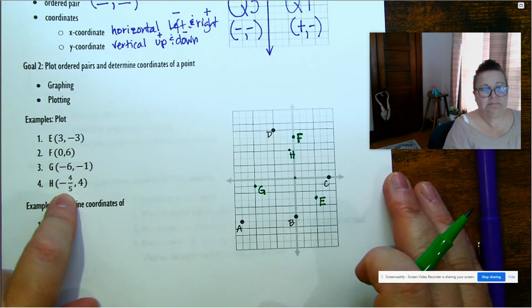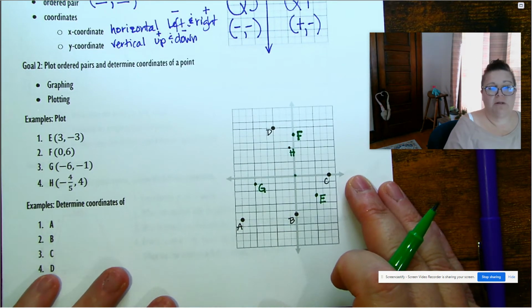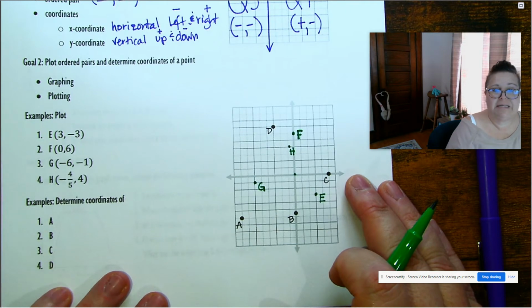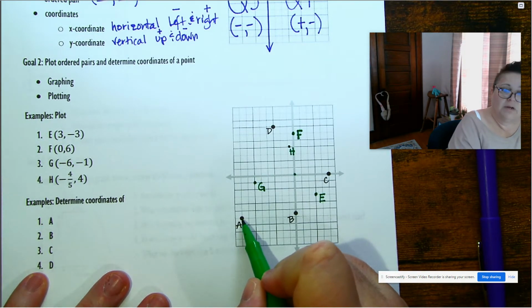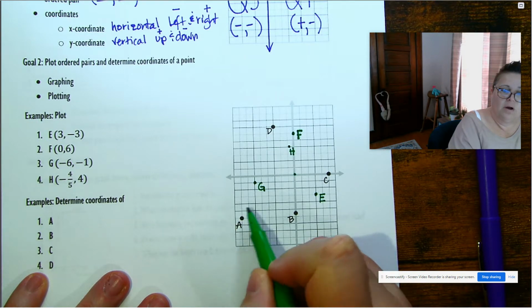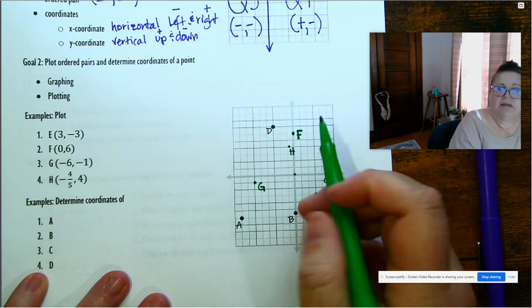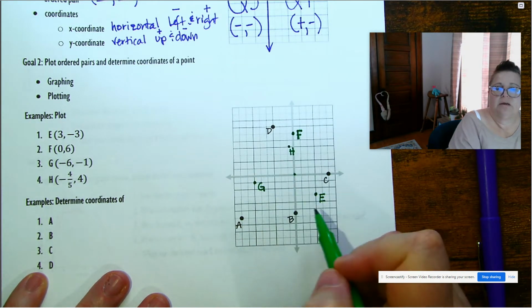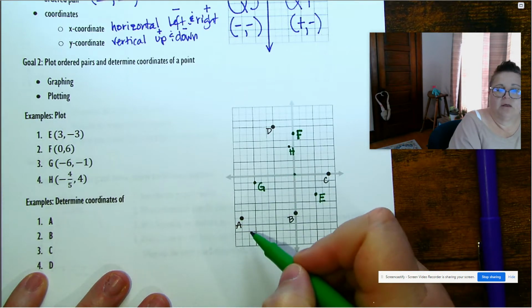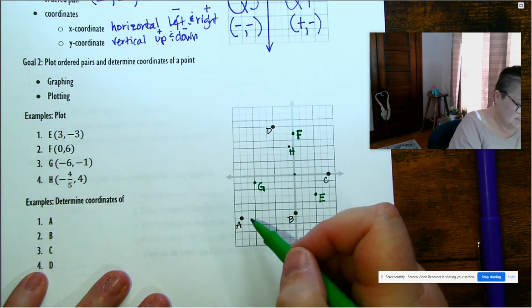All right. So what do we do in determining the coordinates of the points A, B, C, and D? Well, for point A, we see that it's over here, all the way in quadrant 3. So quadrant 3, right, because this would be quadrant 1, quadrant 2, quadrant 3, quadrant 4. So all the way over here in quadrant 3, I just need to count.